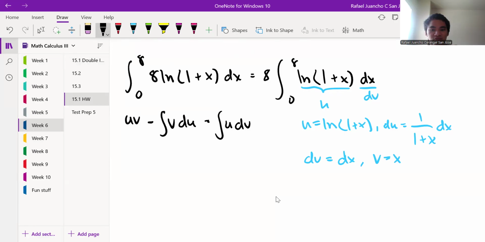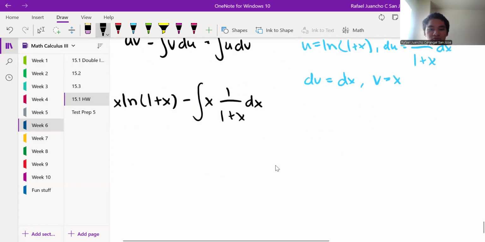And so this is going to be what? uv: ln 1 plus x, v is x, so I have x, minus the integral of v du. There we go. That's the thing that we have to go for.